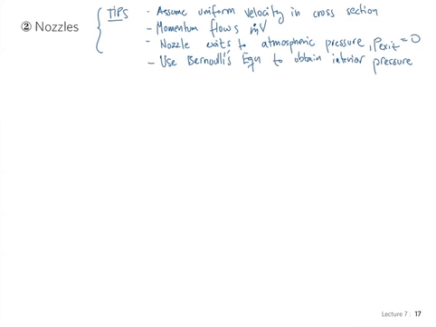So for example, this is a nozzle. Like I said, just a device that accelerates fluid by reducing the cross section. So here we have a nozzle, fluid enters here and exits as a free jet.